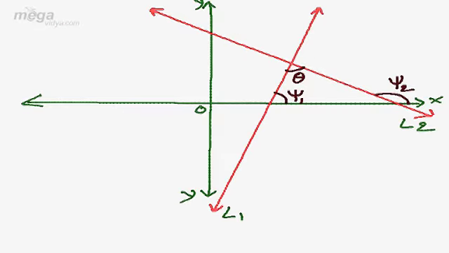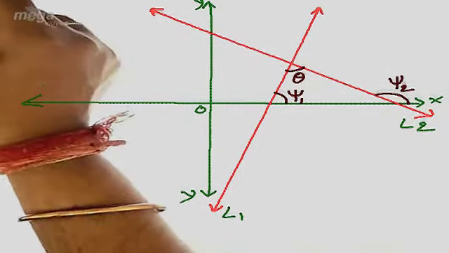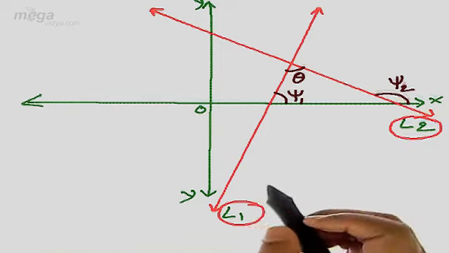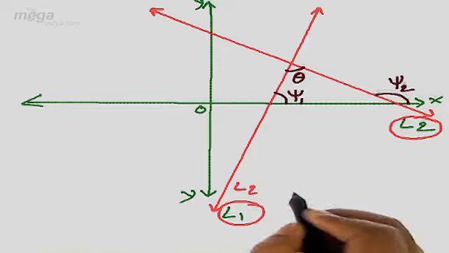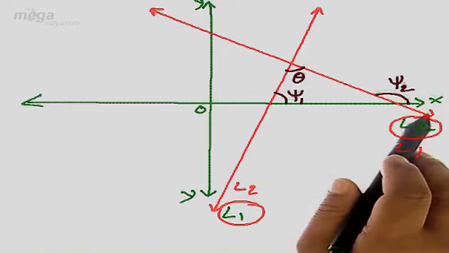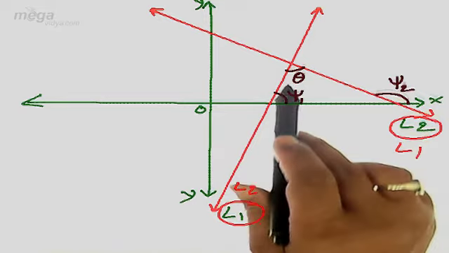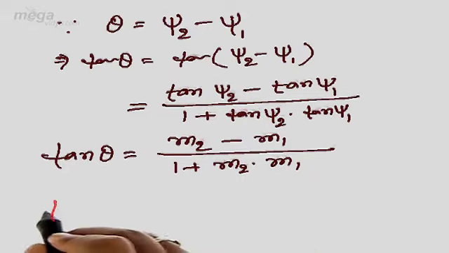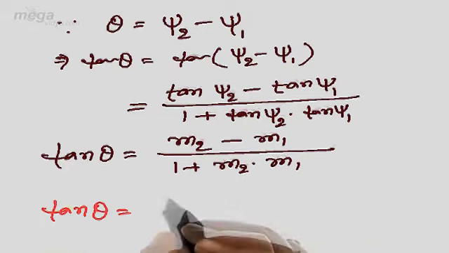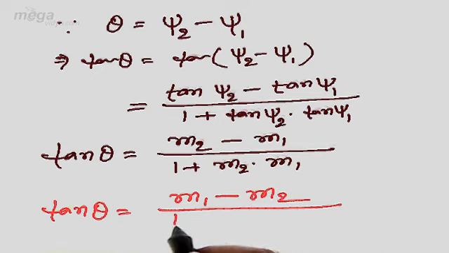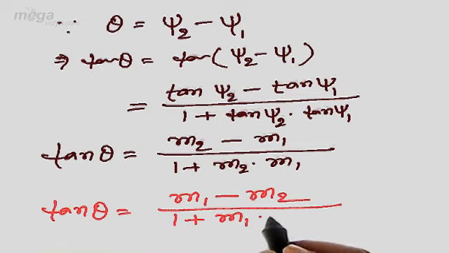But student, if we consider this line as L2 and this line as L1, the opposite of before, then the slope of this line becomes m1 and the slope of this line becomes m2. Then in that case we get tan theta is equal to (m1 minus m2) upon (1 plus m1 into m2).